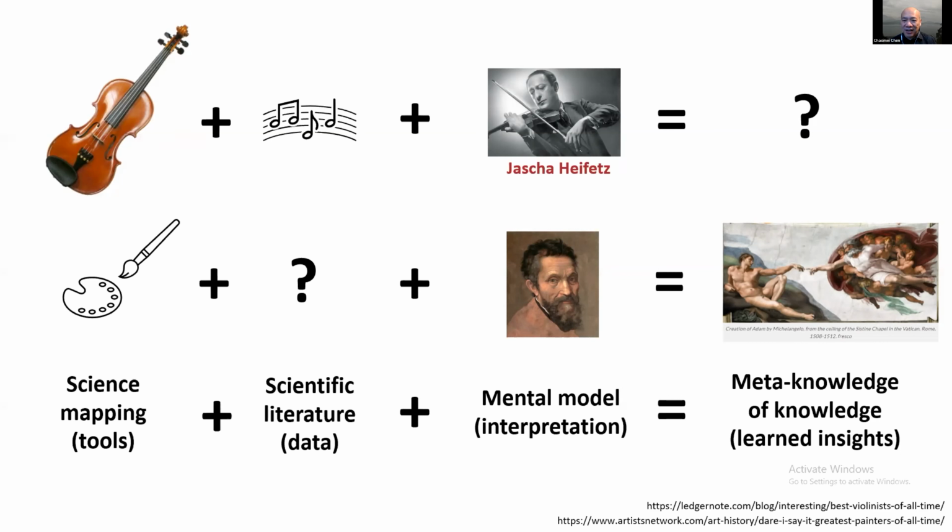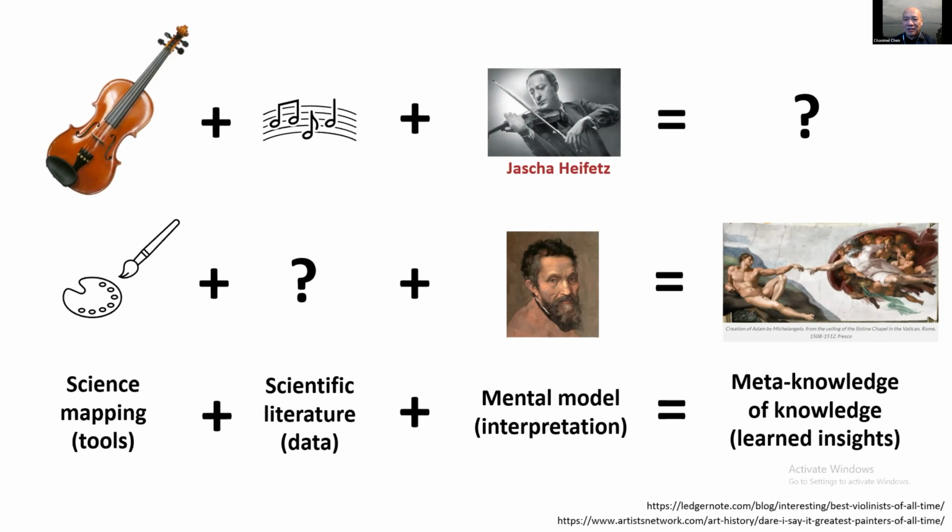Because science is about knowledge, we're looking at the science map and trying to figure out what's going on and what the different kinds of patterns, trends, and so on are. These are the outcome of adding all these components together.